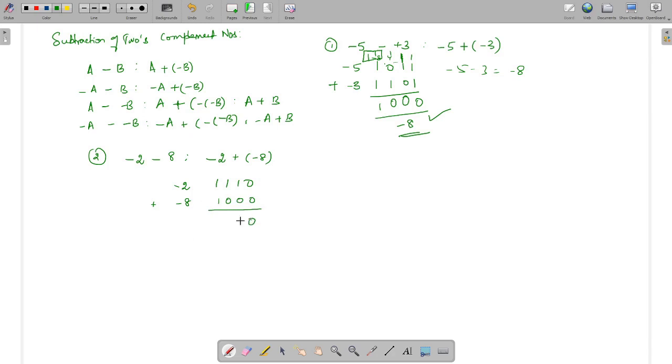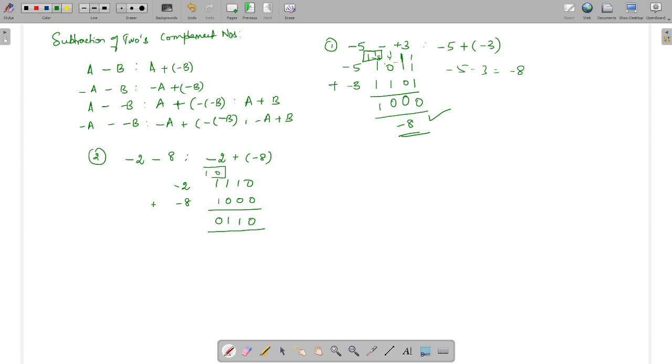Now add, and what you get is 0, 1, 1, 0, 0 with a carry of 1. 1 plus 1 is 0, carry 1.